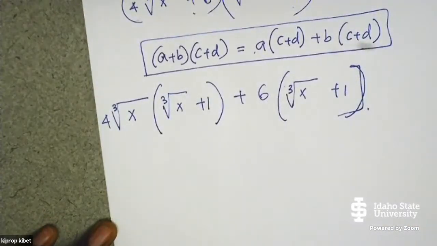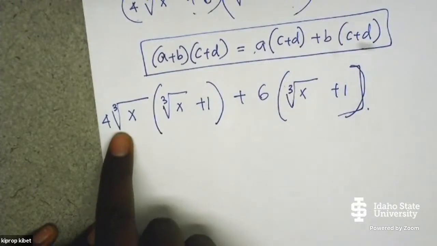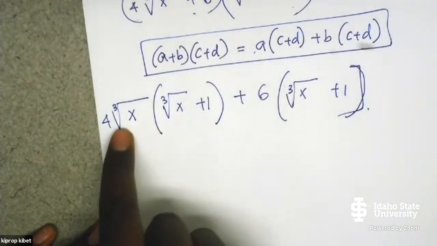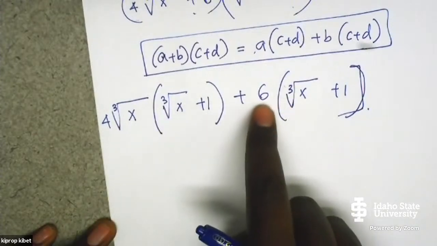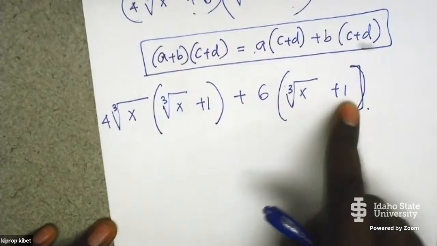And then you now open the brackets. So you multiply this and this, plus you multiply this and this, plus this and this, plus this one and this one.